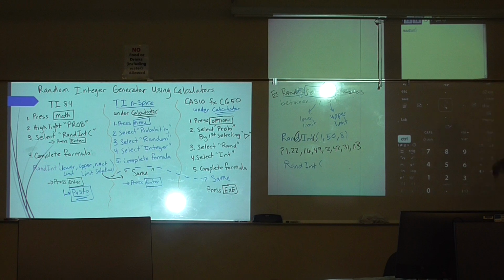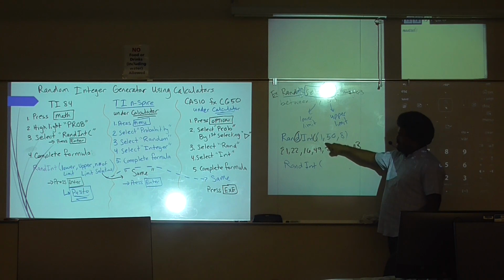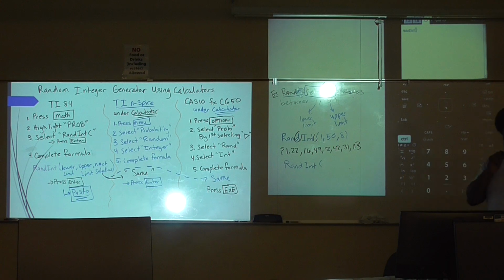Now all we have to do in here is put in the rest of the information. So we're doing 1, 50, 8, and we're going to get the same result. So I'm going to put that in. So 1, 50, 8. And we'll close it with the parentheses. Everything is now there.